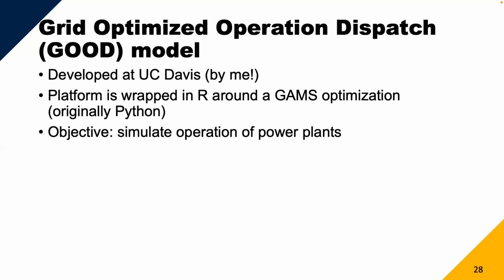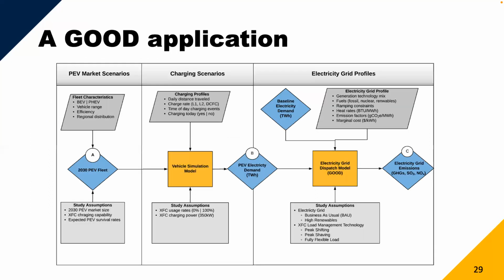A lot of the motivation behind this work is to think about applications of how it interacts with the electricity grid. This is one example of a project where we looked at how extreme fast charging, the 300-plus kilowatt chargers, would impact the electricity system.